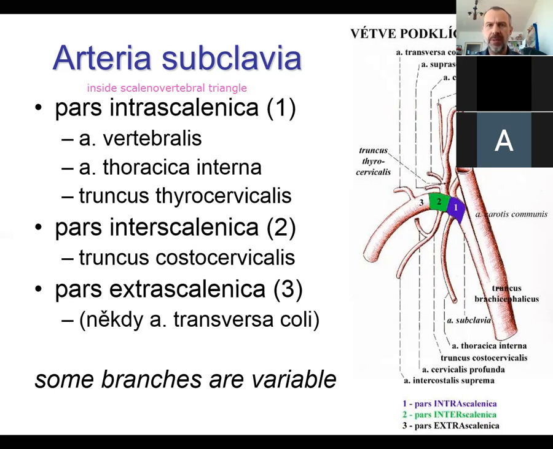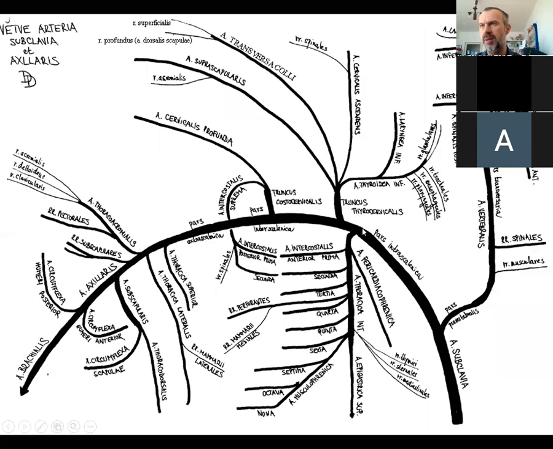Now let's talk about the branches. So the first branch is the vertebral artery. It goes up. And then we have the thyrocervical trunk. The thyrocervical trunk gives the inferior thyroid artery and the ascending cervical artery.